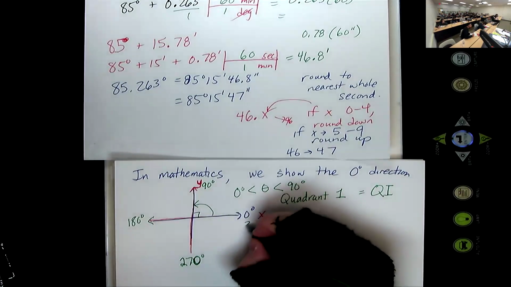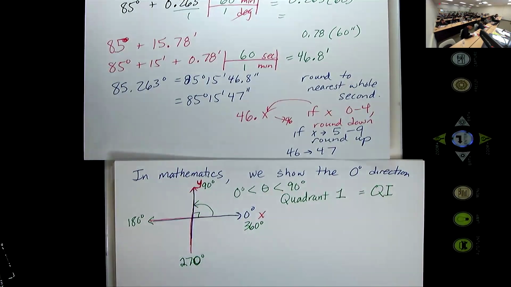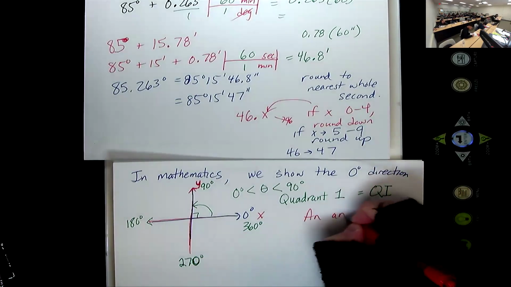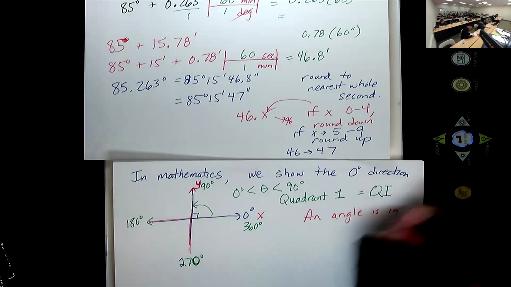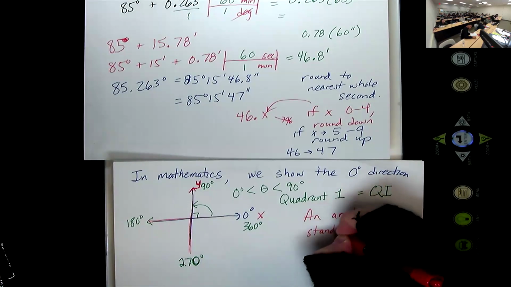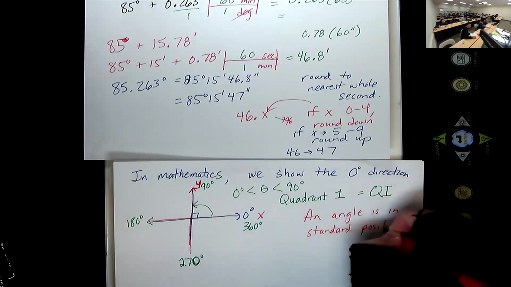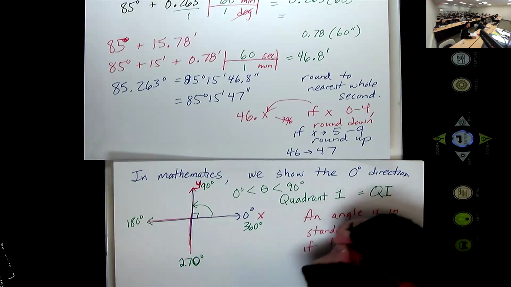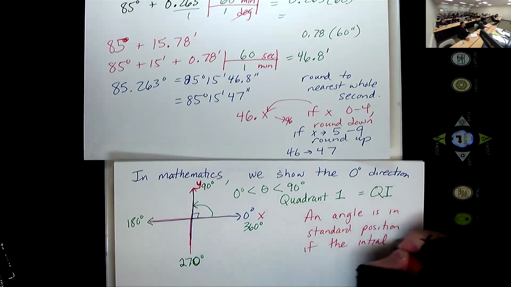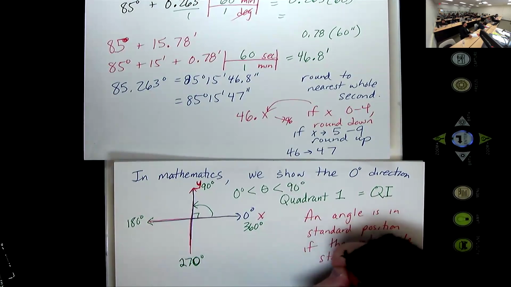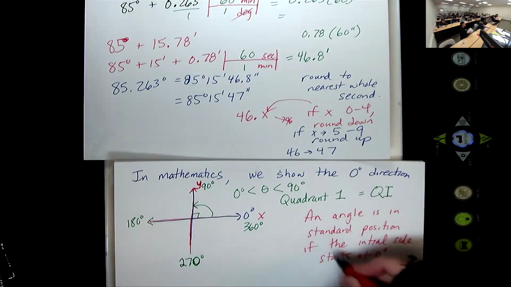And if I go back around, I do a full circle, we have the 360, so that's also 360. So we say an angle is in standard position if the initial side starts on the 0 degrees, or on the positive x-axis.